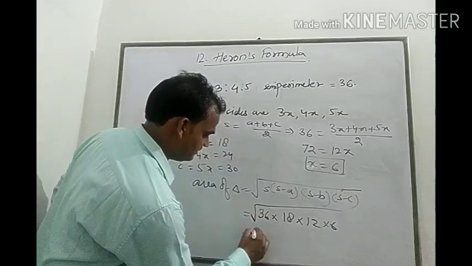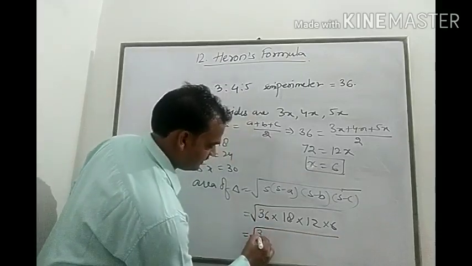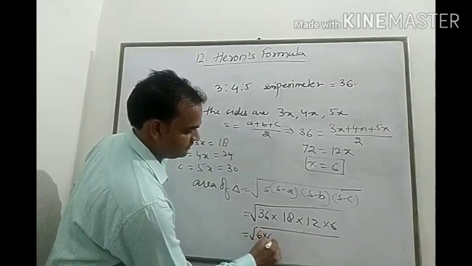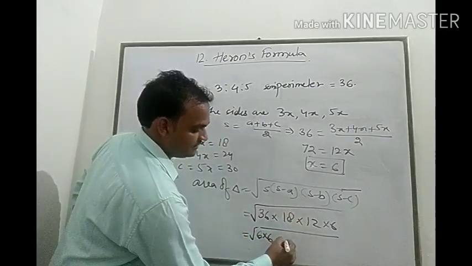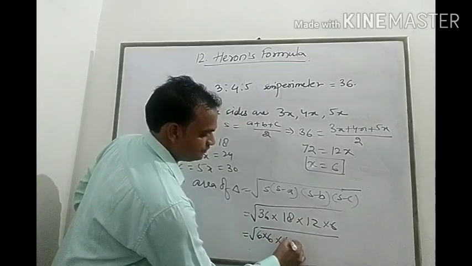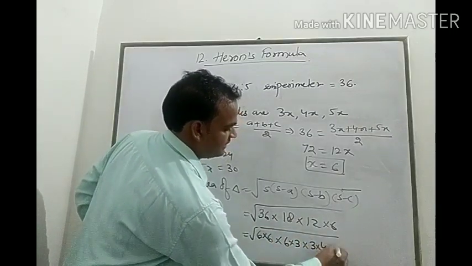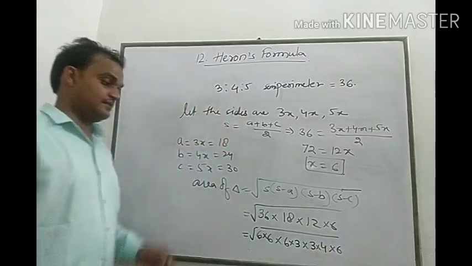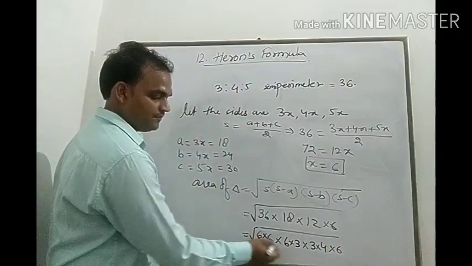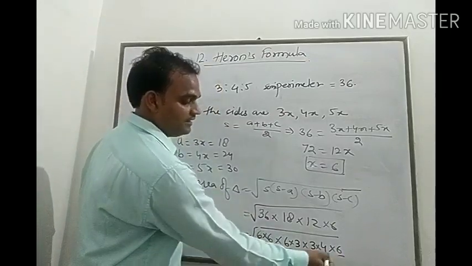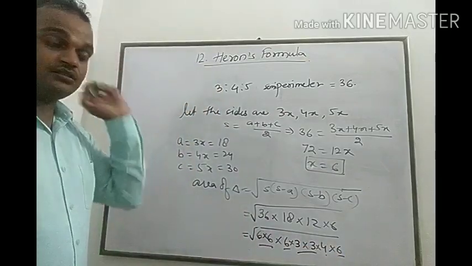We can write 36 equals 6 into 6. We can write 18 as 6 into 3. We can write 12 as 3 into 4, and 6 is written as 6. Now 6 has a pair, this 6 is also paired with this 6, 3 is paired, and 4 has square root 2.